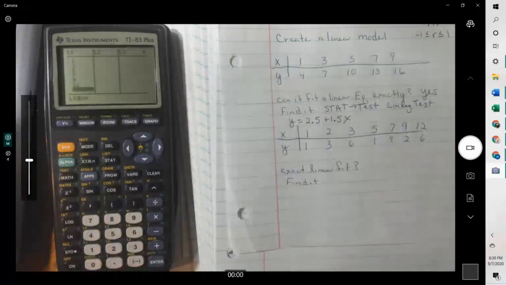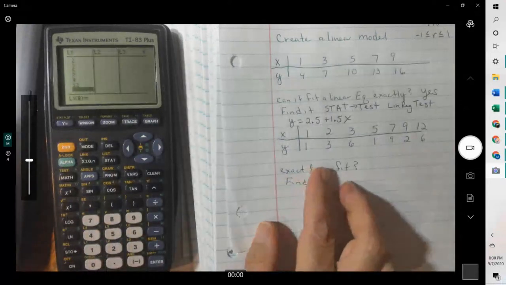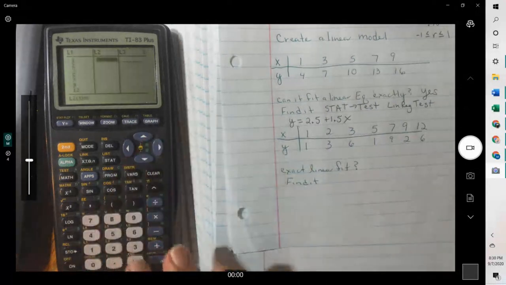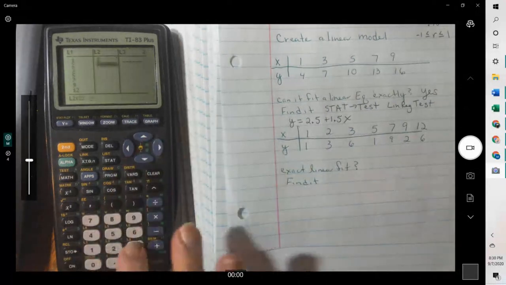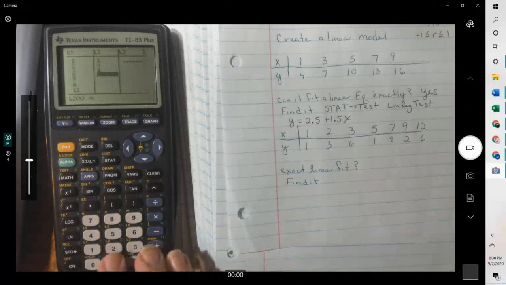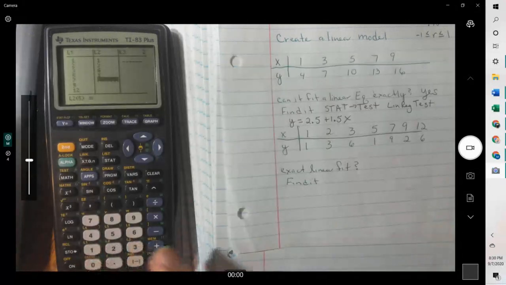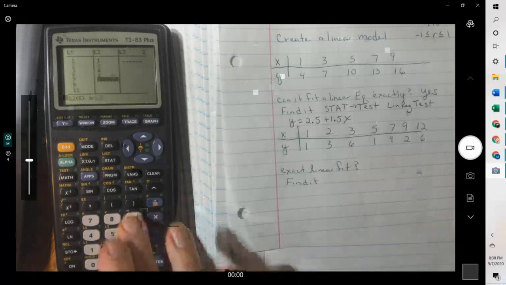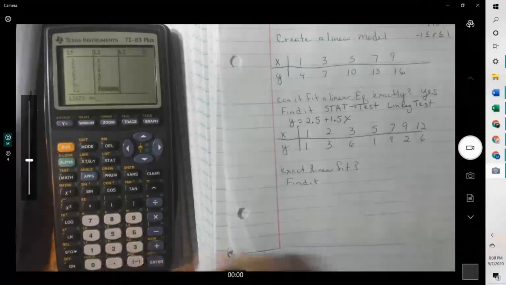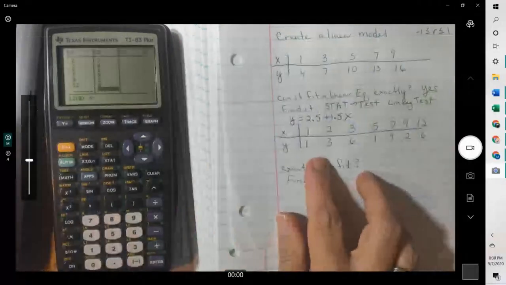And then go over to the Y values. 1, 3, 6, 1, 9, 2, 6. Let me make sure I did that right.